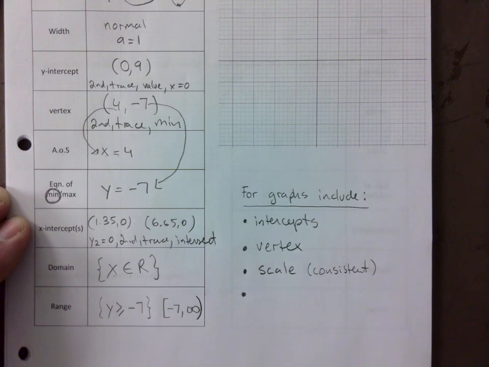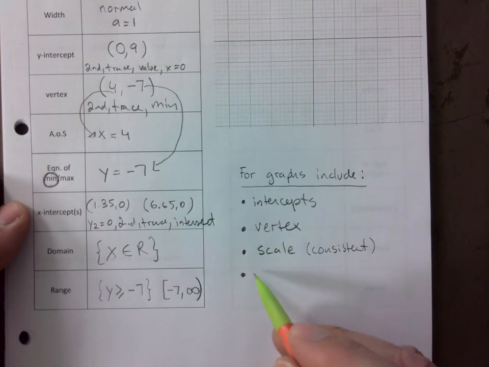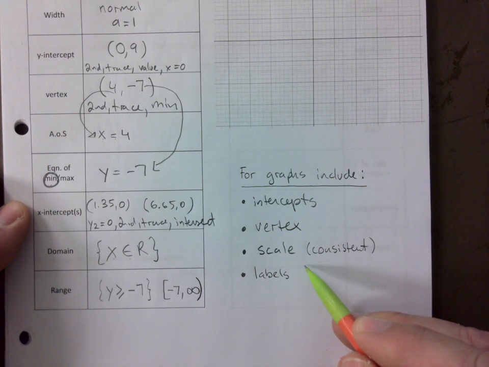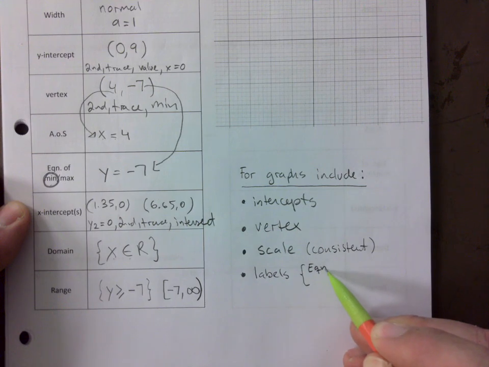If I see you going up by 5s and all of a sudden you switch it up and go up by 10 to make it fit, that's going to be -1, right? So scales are very important. Labels. Okay, labels. So what does that mean? It has two components. You want the equation, I'm just going to go EQN. And axes have to be labeled.